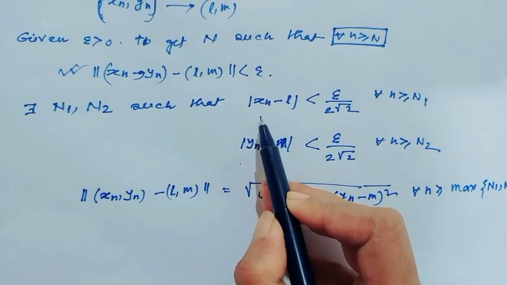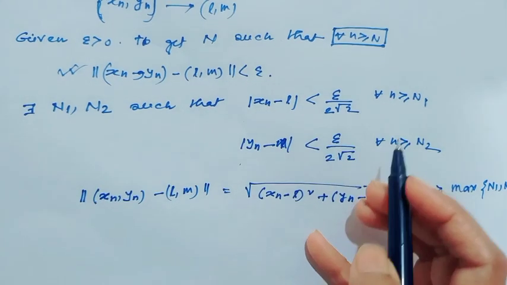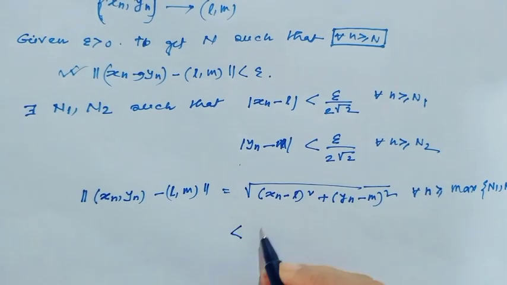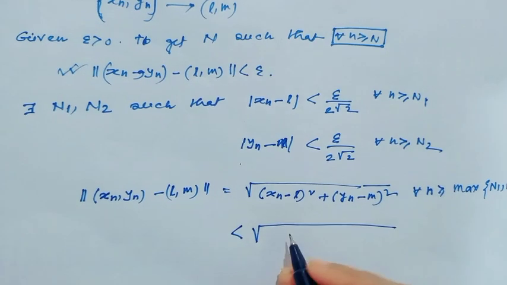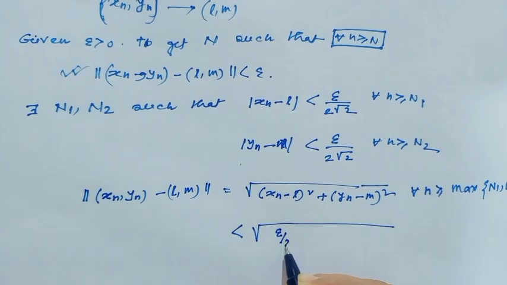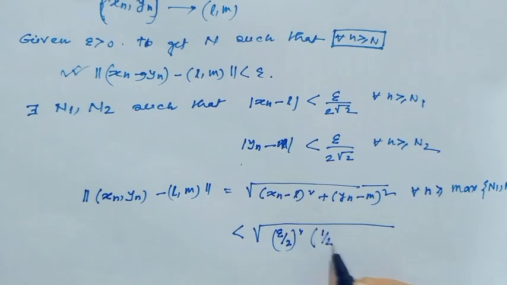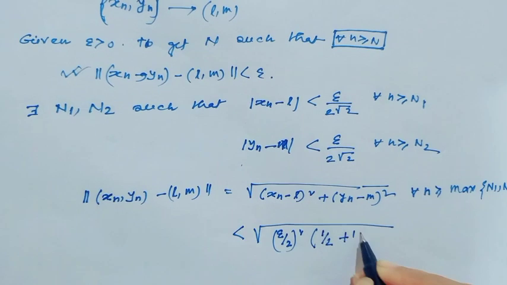I have got the absolute value of xn minus L less than epsilon over 2 root 2. Therefore, this is less than the square root of (epsilon over 2) whole square times 1 over 2 plus the same with 1 over 2.